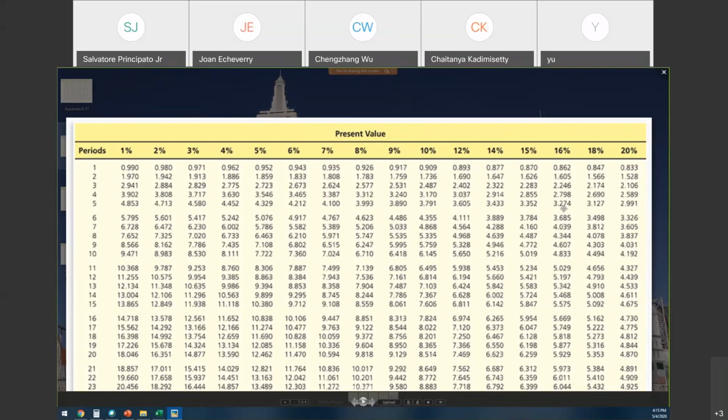This company expects the project to earn an internal rate of return of 16% over its life.